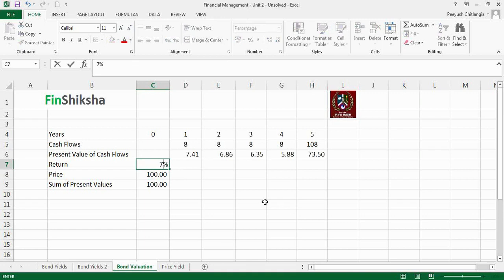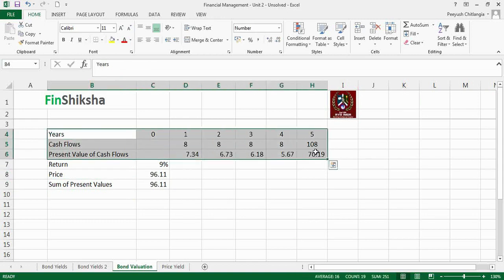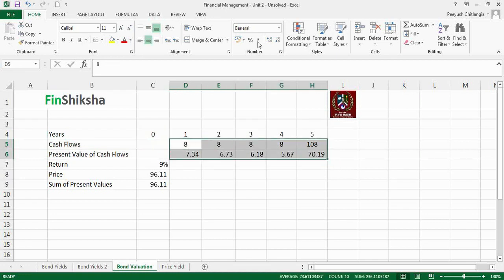If I have an expected return of 7%, I can pay 104 and still make the same amount of money, right? So once I have defined my expected return, automatically my price will get calculated as the sum of the present values of all these cash flows. That's where the concept of discounting becomes important.